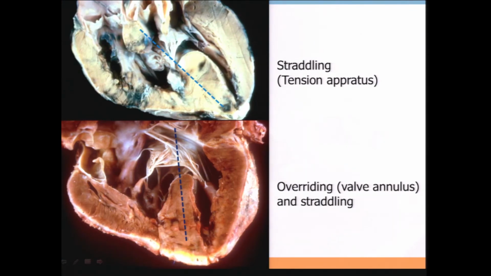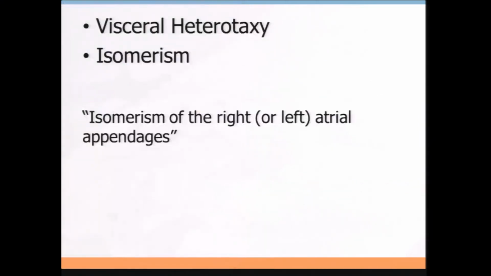These are another example of a functionally univentricular heart. So lastly, I'd like to talk about visceral heterotaxy, isomerism. As I showed in the spectrum of functional single ventricle in Sejong General Hospital, the isomerism comprised about 30%.